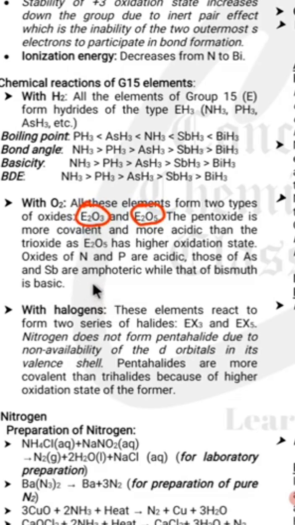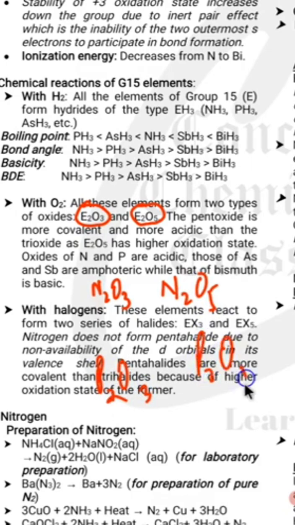For example, I can say N2O3 and N2O5, right? P2O3 and P2O5. Okay, so this is the pentoxide. The pentoxide is more covalent and more acidic than the trioxide E2O3.